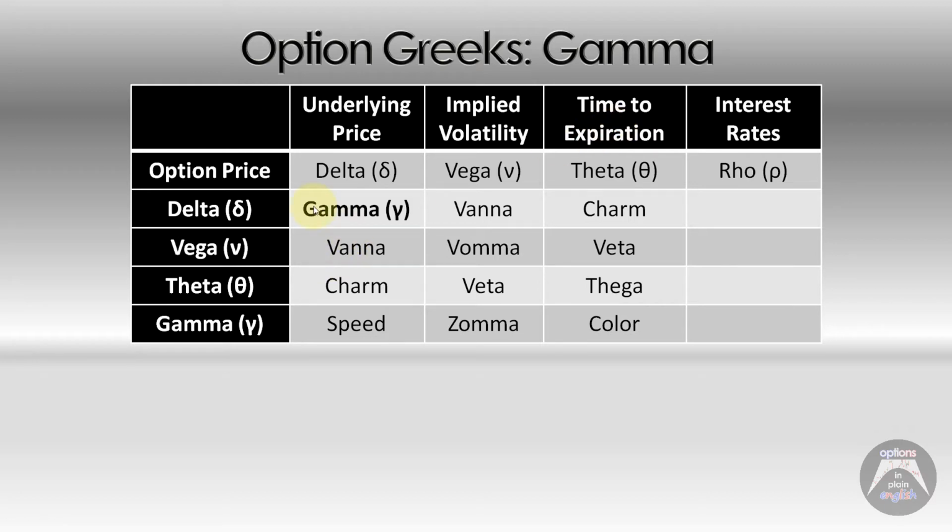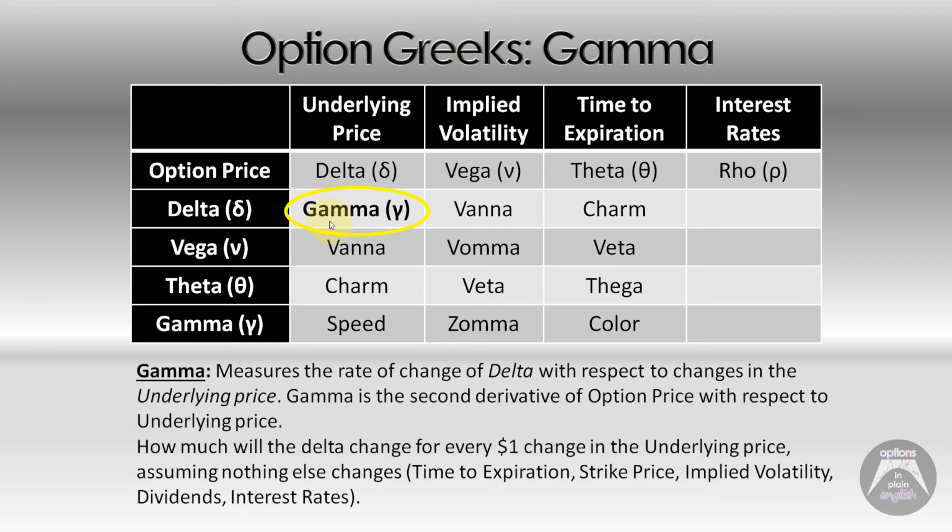Gamma is a second order Greek and it measures how much delta changes as the underlying price changes. As you can see, gamma is the second derivative of price with respect to underlying price. This is the one that we're going to be looking at in this lesson, and this is the actual definition.